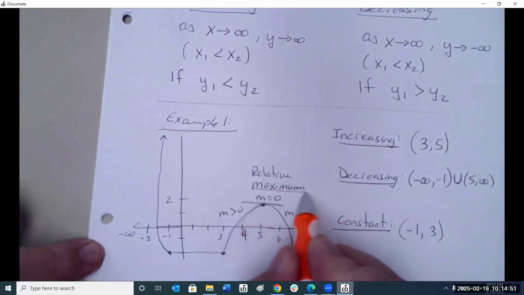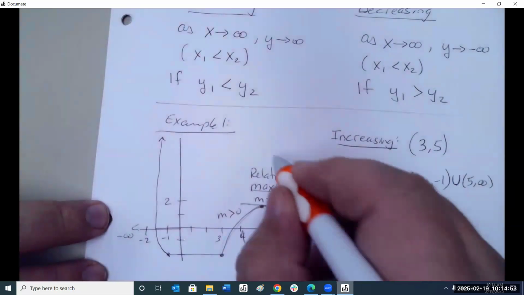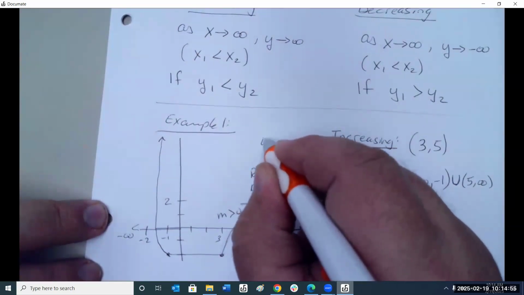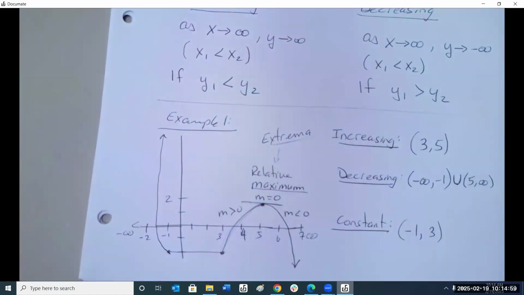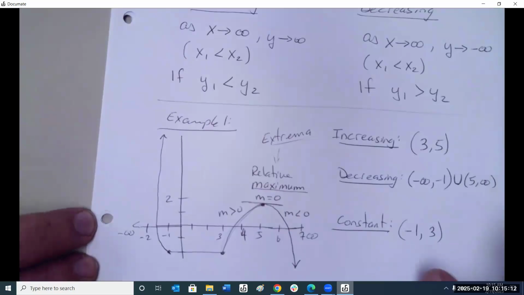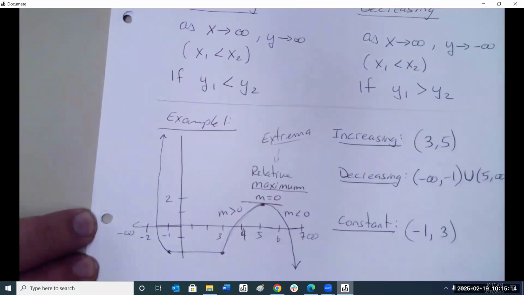So whenever you have a maximum, well, we call these extrema. If it's the highest or lowest point, the slope is 0 at that point. Look at another one here.